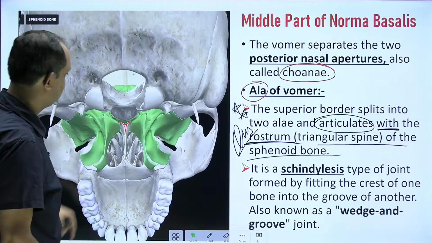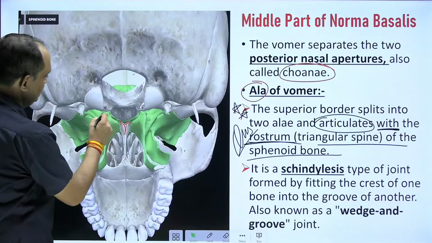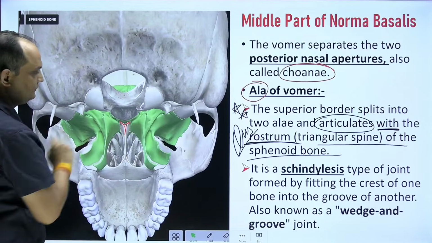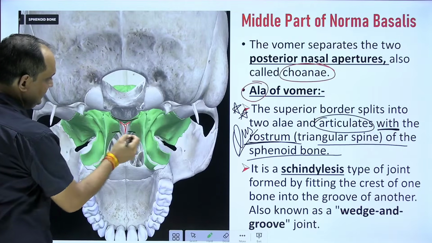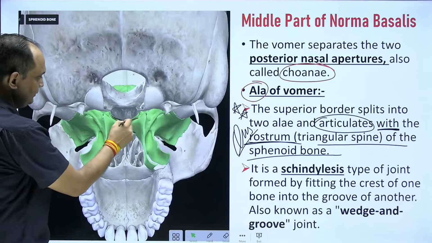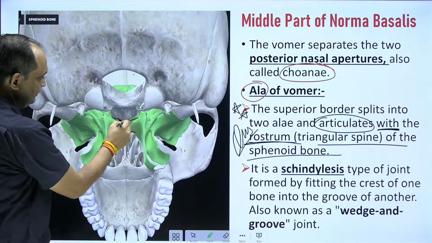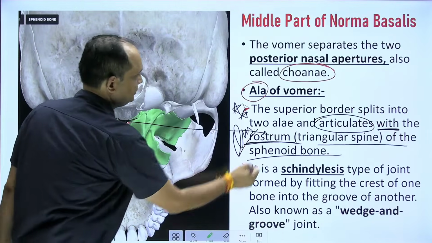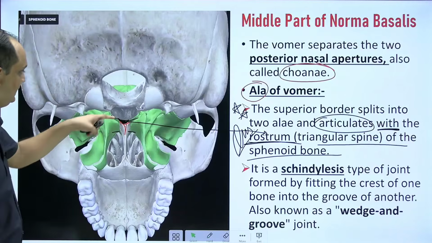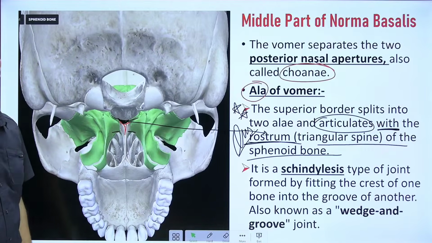Now keep this image in your mind: this green colored bone is the sphenoid. This is the body of the sphenoid, which you can see in the midline. From the body a small projection comes downward, and this projection is known as the rostrum, a triangular spinous process facing downward.